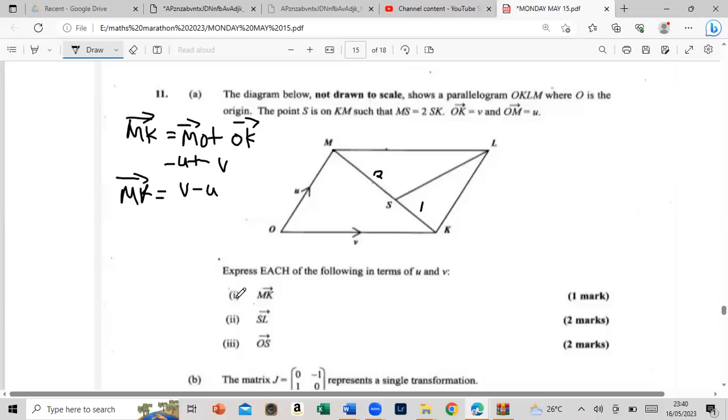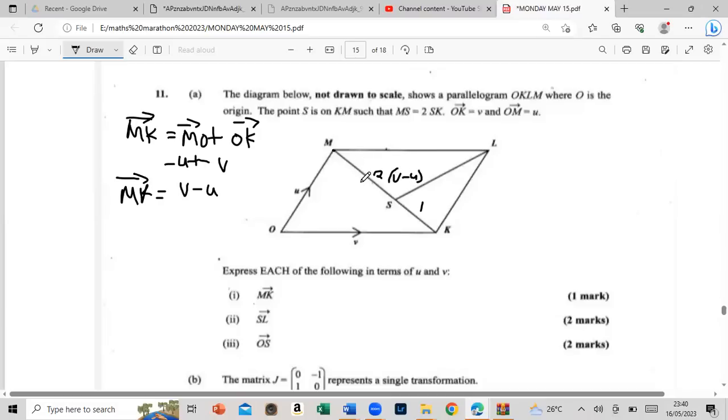Alright. Now they ask us to go from S to L, which is from here to here. Now we know that this MK is V minus U, so the entire thing is V minus U. Let's put that in perspective.